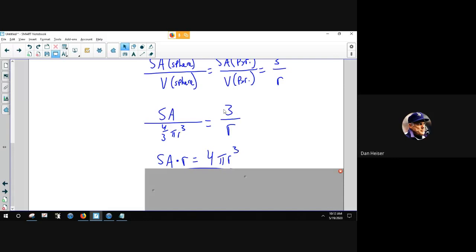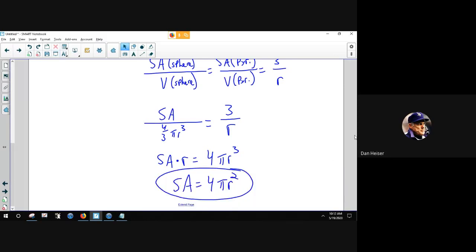When we multiply this, that fraction goes away. We can divide both sides by r. Oops. And we get that the surface area of a sphere is 4 pi r squared. The simpler formula was actually the harder one to come up with.